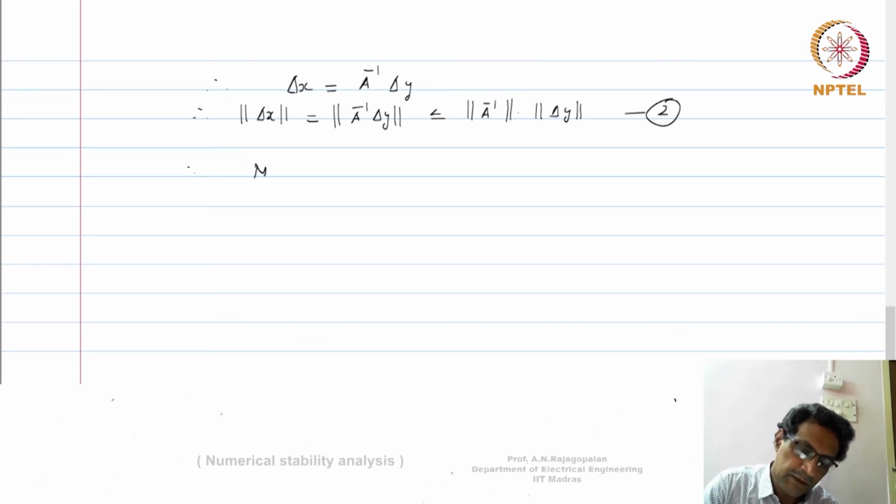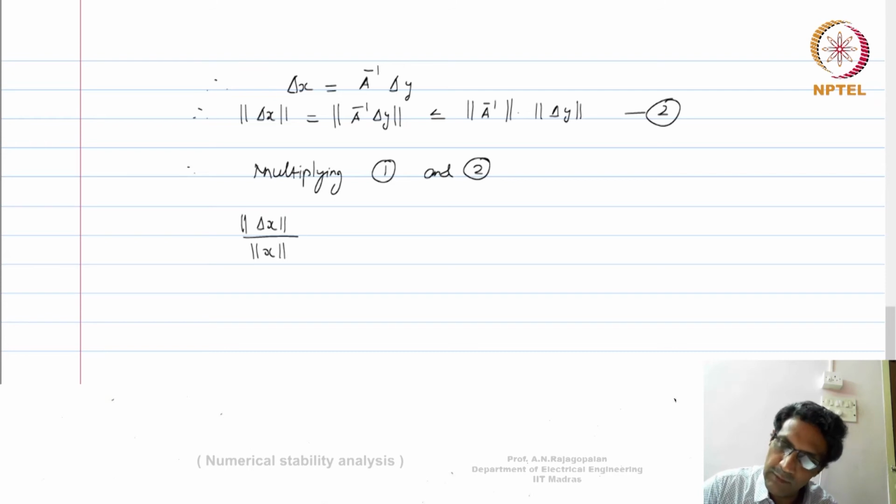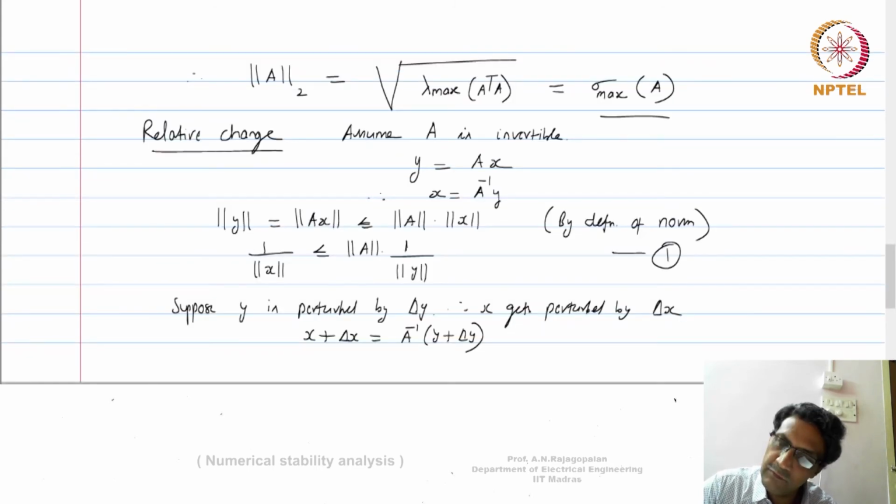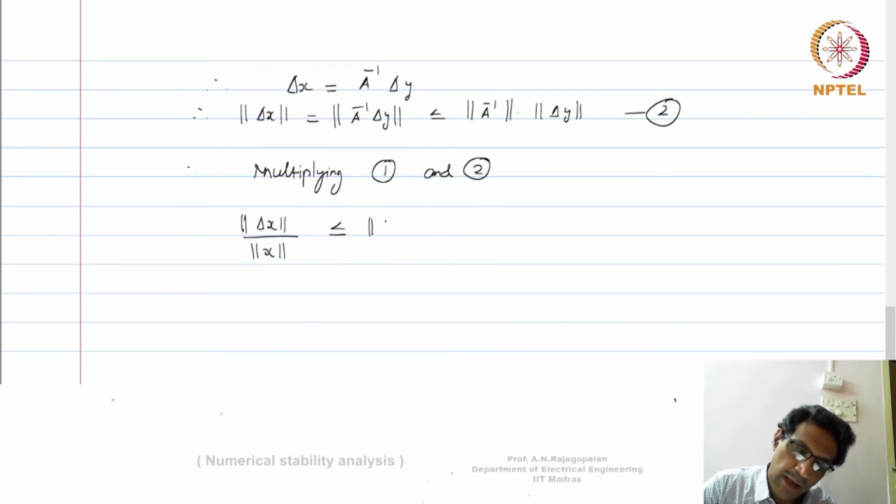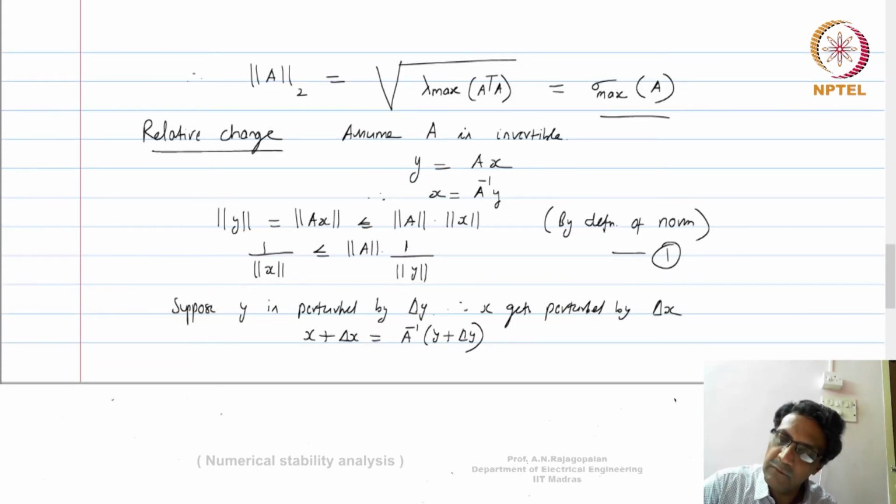Therefore, multiplying 1 and 2, we get norm delta x by norm x, because the other one had 1 by norm x here, is less than or equal to, so the sign doesn't change because all are norms here, norm A into norm A inverse into norm delta y by norm y.